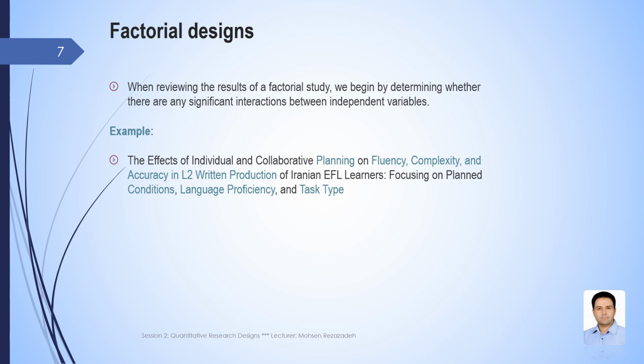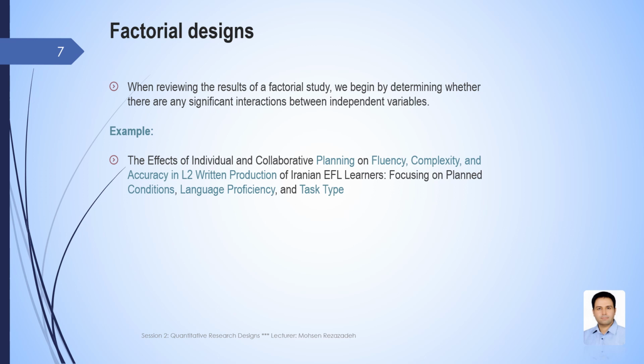But here we can also investigate a third research question to see the interaction effect, to see if students' different planning conditions, like individual and collaborative planning groups, differ with regard to their proficiency levels.